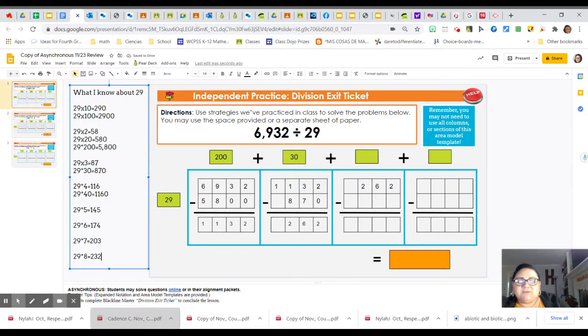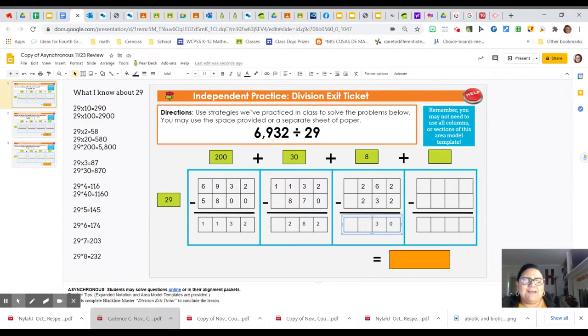Okay, so as you can see, we are now just 30 away. So I think that this is a good number. So I'm going to go ahead and use this as my partial quotient. So I know that I'm going to use 8 groups of 29, and that equals 232, that I will take away from 262, and that gives me 0, 3, 0. So now I have 30 left.